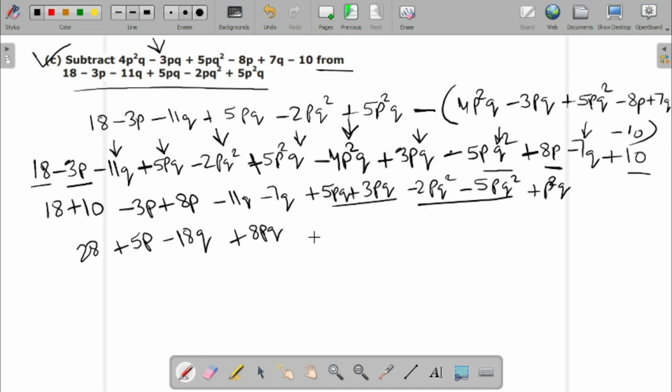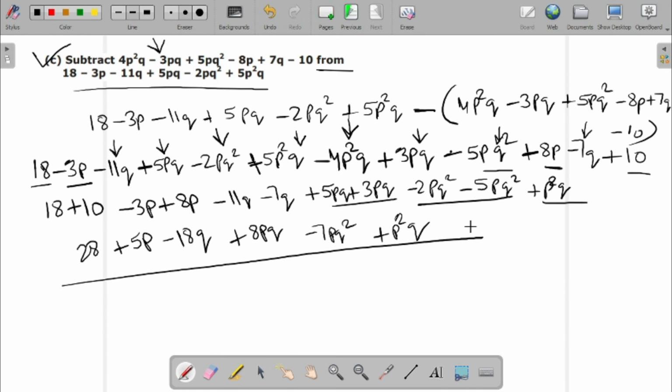Minus 2 minus 5, minus 7pq square. Then what is left? p square q. So this will be your answer in case of C part. The order may be different, but if the terms are the same, that means you have got the correct answer. Okay, so this is all about algebraic expressions exercise 9.1.